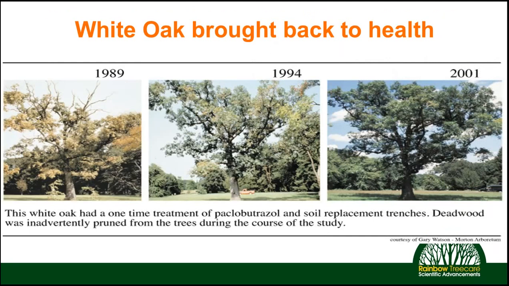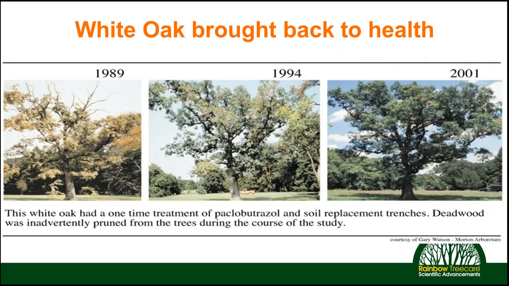Oh, I just want to talk about this tree. Some people refer to this as the Lazarus Tree. This was at Morton Arboretum, and you can see in that first photo in 1989, this was a declining white oak. All arborists know once we see terminal dieback up in the crown of the tree, usually that's irreversible decline, and there's not much hope for that tree.